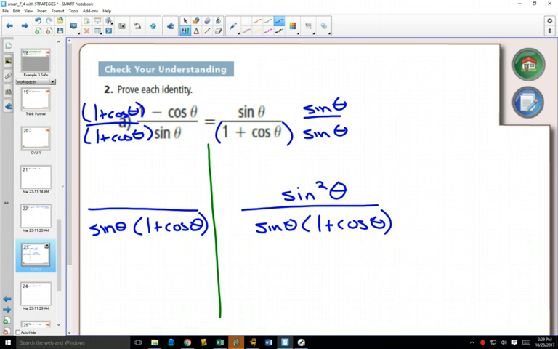And when you multiply two conjugates, you get your difference of squares, and so 1 minus cos squared. So now we've succeeded in at least getting the denominators the same. And now you can look at the tops and say, is there any way I can change things to get my numerators the same? Yes. 1 minus cos squared is sine squared, and we are done.